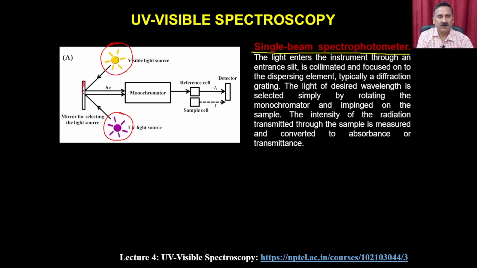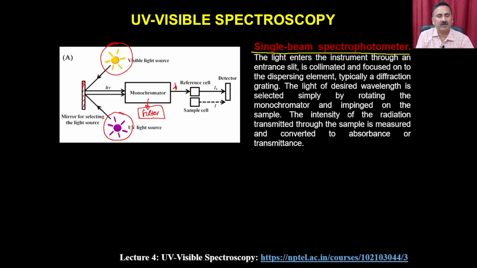This mirror reflects the light, and then it goes to the monochromator. The monochromator is a kind of filter that filters the desirable wavelength. For example, if I select a particular lambda, it screens out all other wavelengths and only allows the passage of that lambda.